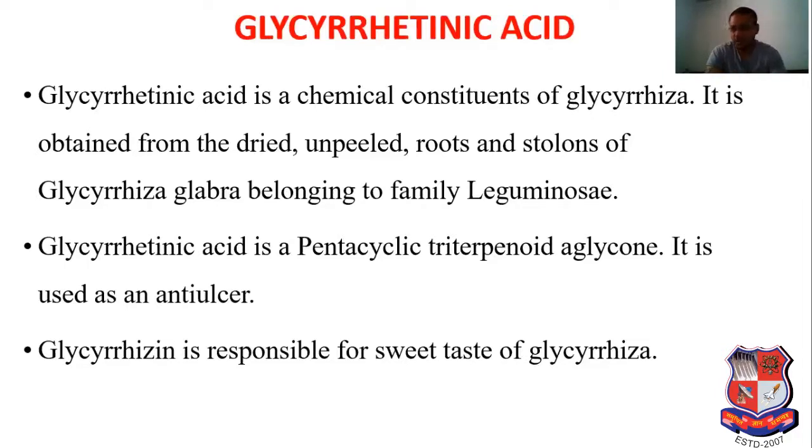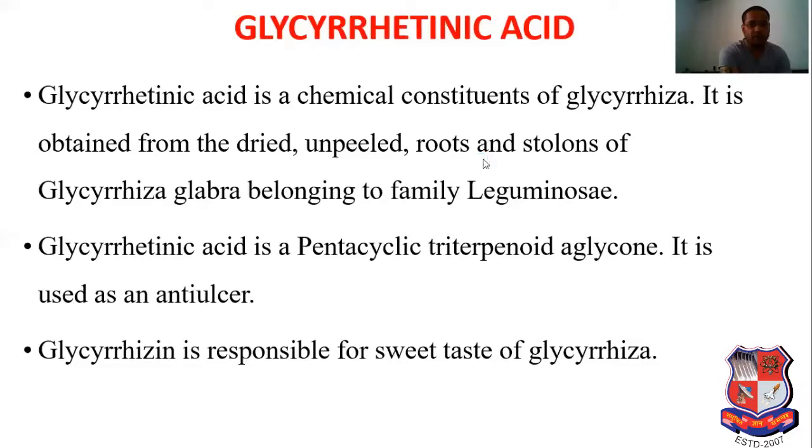It is mainly used as an anti-ulcer. Glycyrrhiza is very useful in herbal formulations as a sweetening agent. The sweetening agent present in glycyrrhiza is glycyrrhizin, which is responsible for its sweet taste. Now we move on to the isolation of glycyrrhetinic acid.